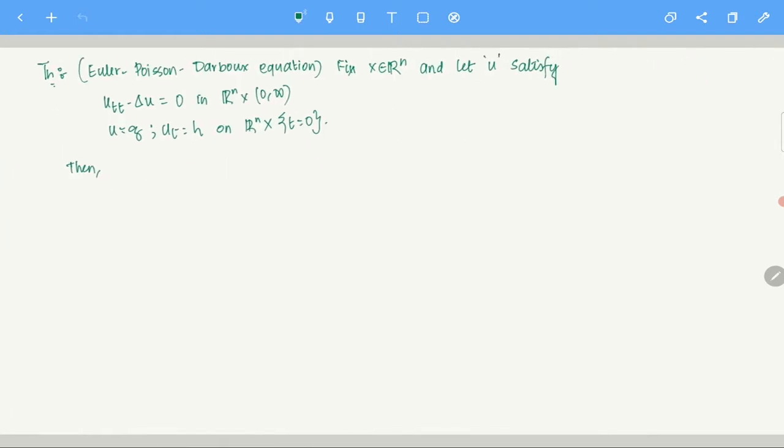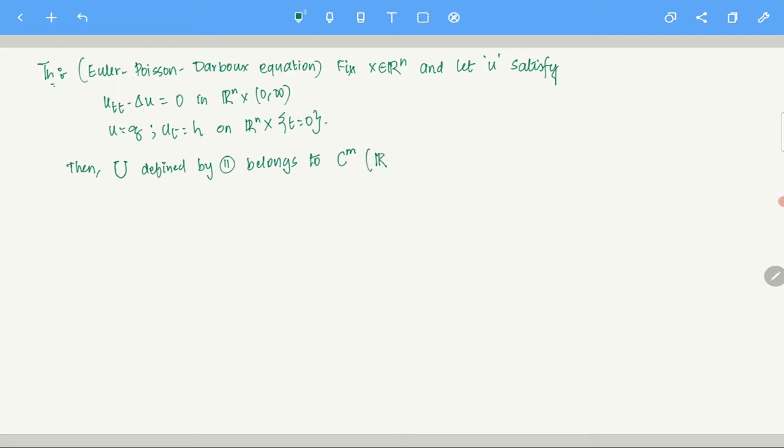So capital U defined by 2, as I told you, it's for a fixed x. So the capital U, which is the average of small u over the sphere ∂B(x,r), belongs to C^m. Clear? C^m, m times differentiable.